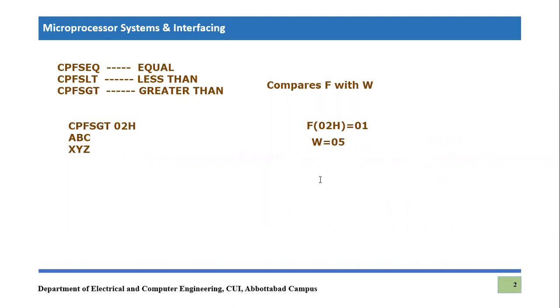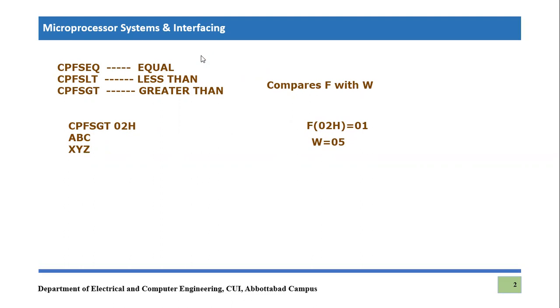Which one is greater, file or working? Working is greater, right? It will check whether the content of the file register mentioned in the instruction, 02 hex, is greater than the working register or not, and in this case it is not. So what is going to happen? It is not going to skip the next instruction.